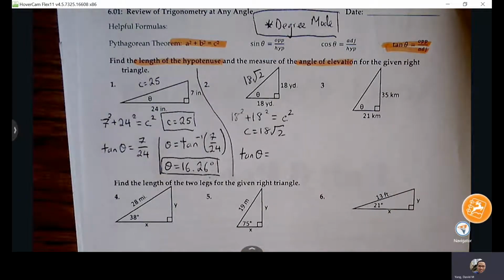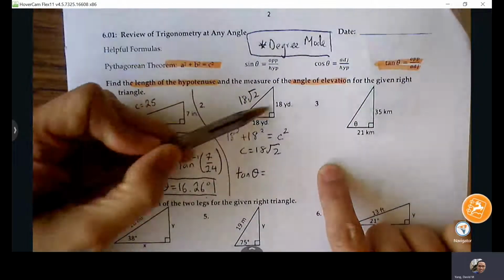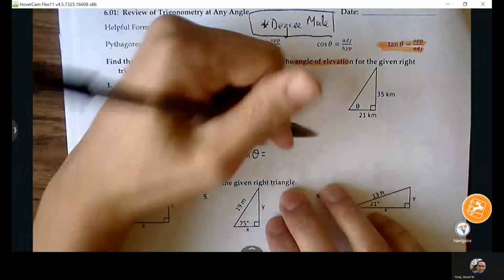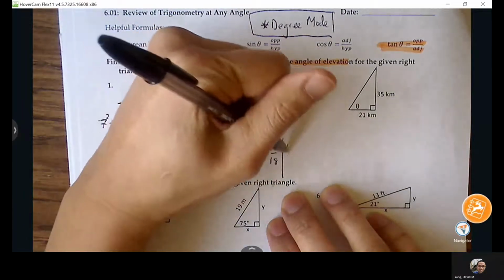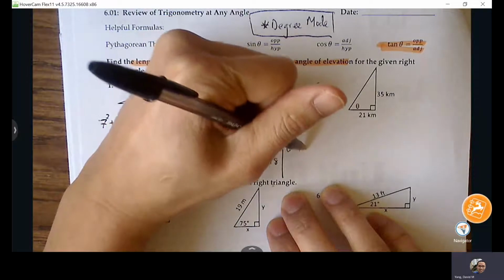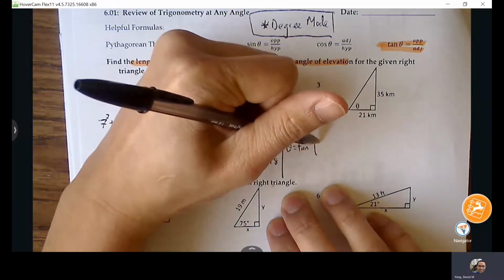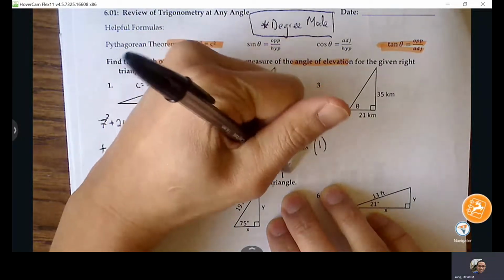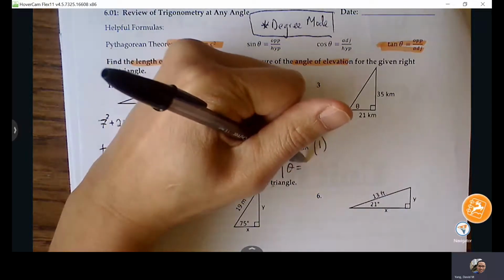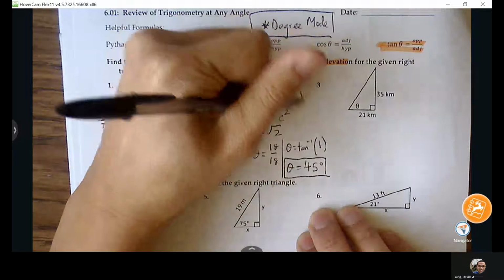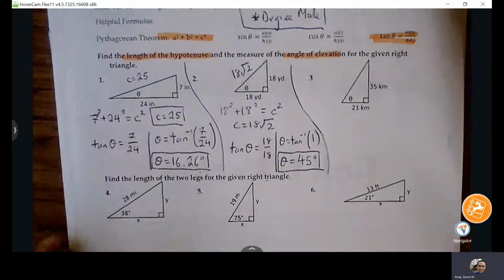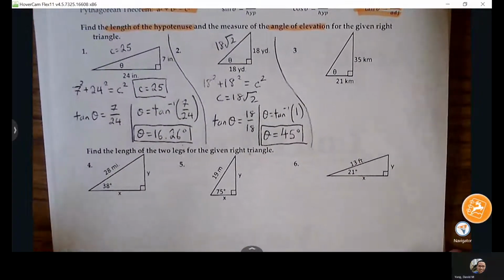But you could use sine, cosine, or tangent and still get the same thing if you have all 3 sides. Okay, good so far?